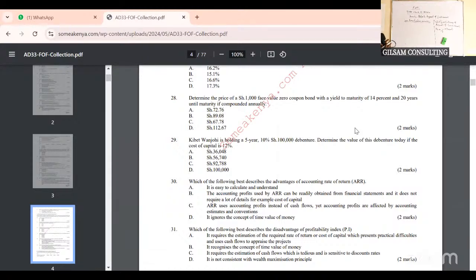So now we said loan amortization is the repayment.